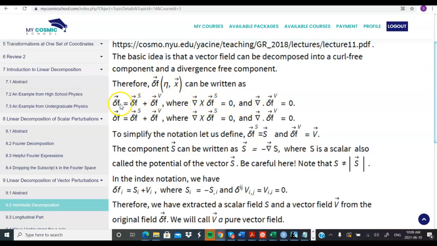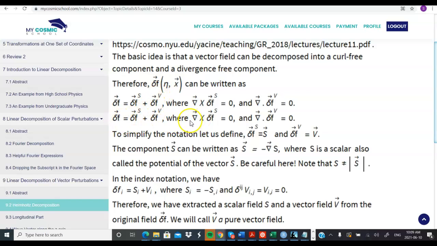That is, you are splitting this vector into two components such that the curl of one component is 0 and the divergence of the second component is 0. The component whose curl is 0 is longitudinal, it will give you a scalar, and the component whose divergence is 0 is the pure vector component. It is transverse, and from a cosmological point of view we will discard this.